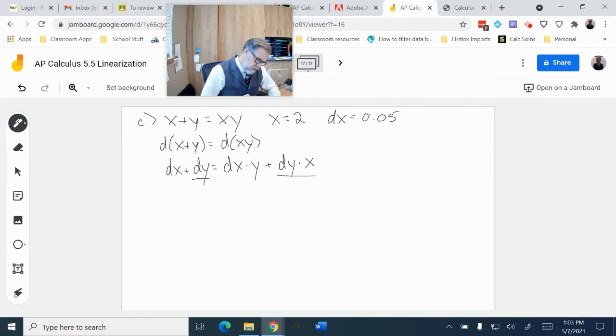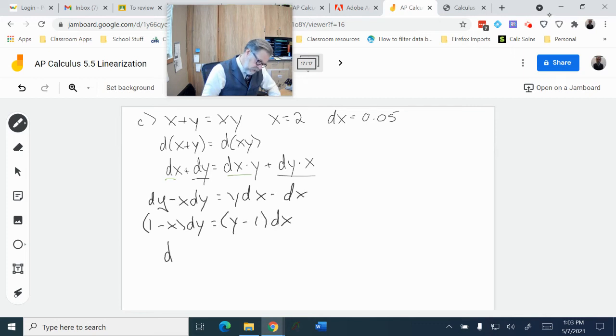Collecting my dy's on one side and my dx's on the other side, I get dy minus x dy equals y dx minus dx. This gives me (1 minus x) dy is equal to (y minus 1) dx, which means that the change in y would be (y minus 1) over (1 minus x) times that change in x.